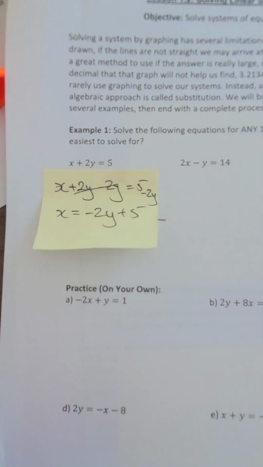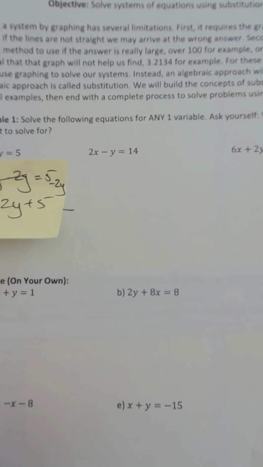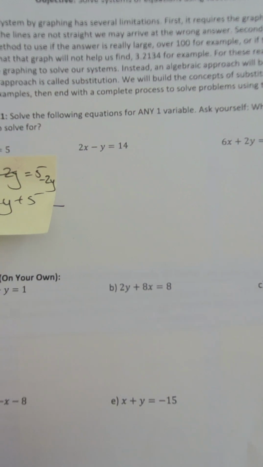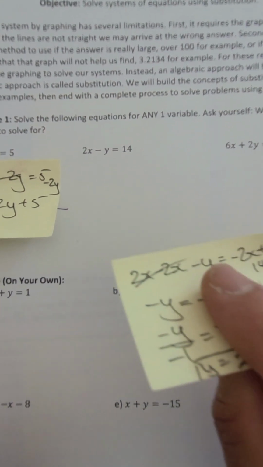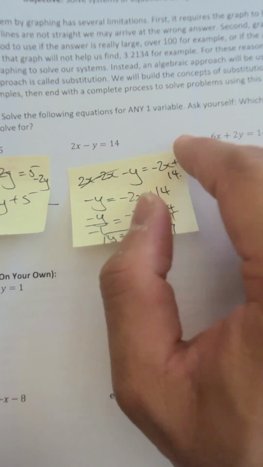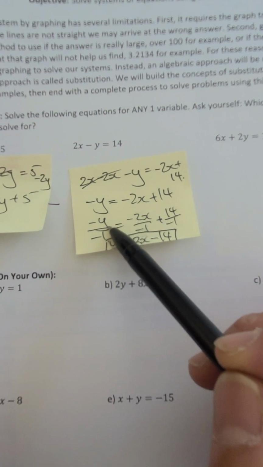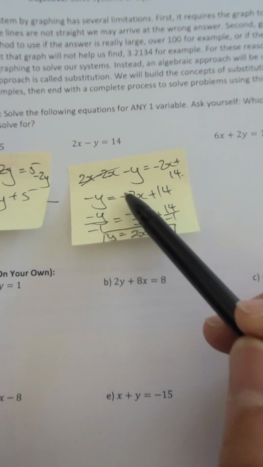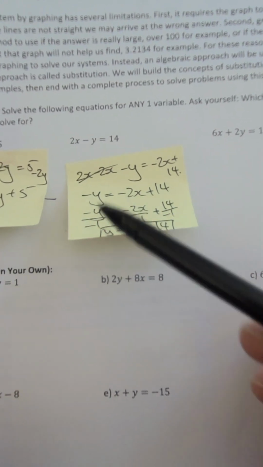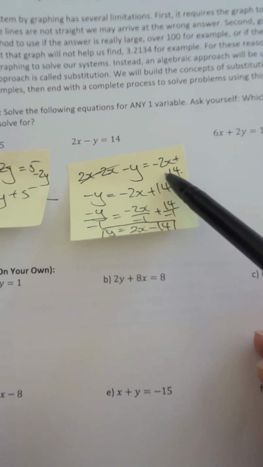Now for the next one here, 2x minus y equals 14. So in this case, which one will be easier to solve? Now, personally, I find the y would be a little bit easier to solve. Okay, because yes, it's a minus, but in some ways you can just divide everything by minus 1. So I find it easier that way. So to do that, I subtract 2x on both sides.